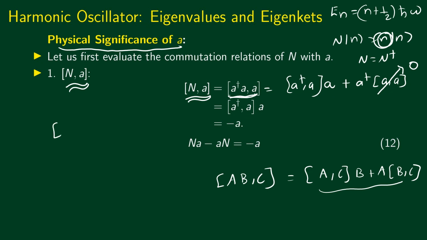But we already found the relation that the commutator of a with a dagger is equal to 1. So the commutator of a dagger with a has to be minus 1. And finally, using this, we get the commutator of n with a is equal to minus a. Or na minus an, this is the definition of the commutator. We can write na minus an is equal to minus a.